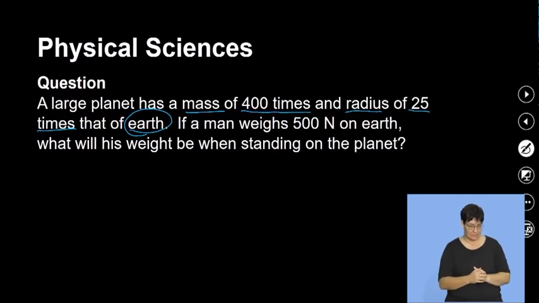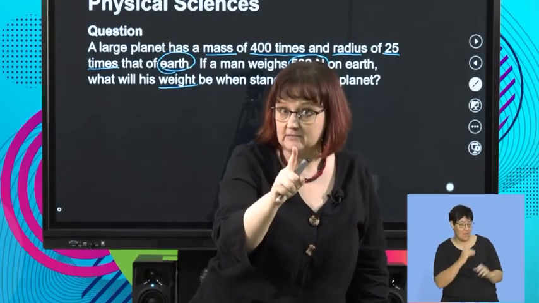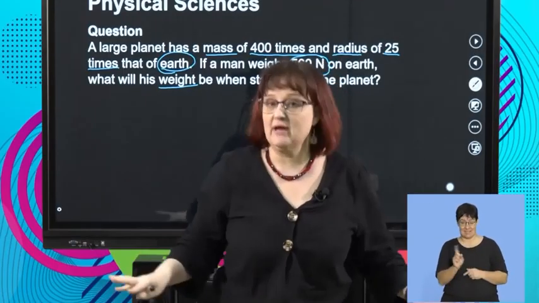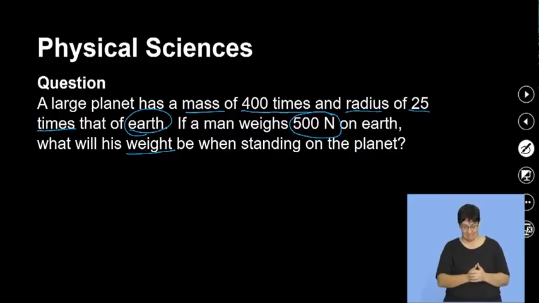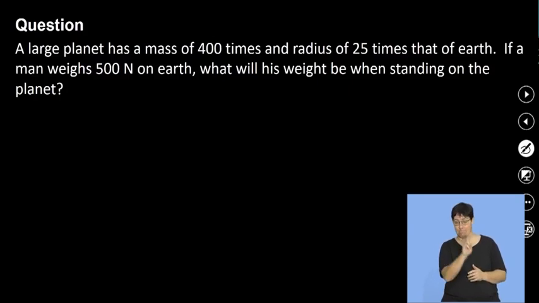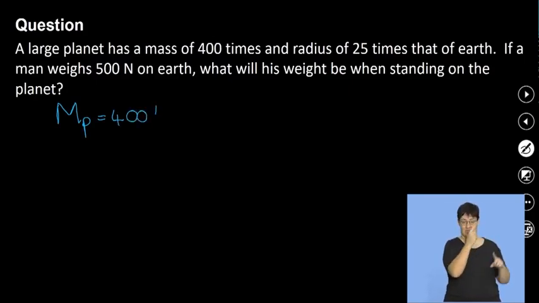If a man weighs 500 newtons on Earth, what will his weight be when standing on the planet? Weight is force, not mass. I don't even need to work out the mass of the man. Watch. Right, so we know the mass of my planet is 400 times the mass of Earth.